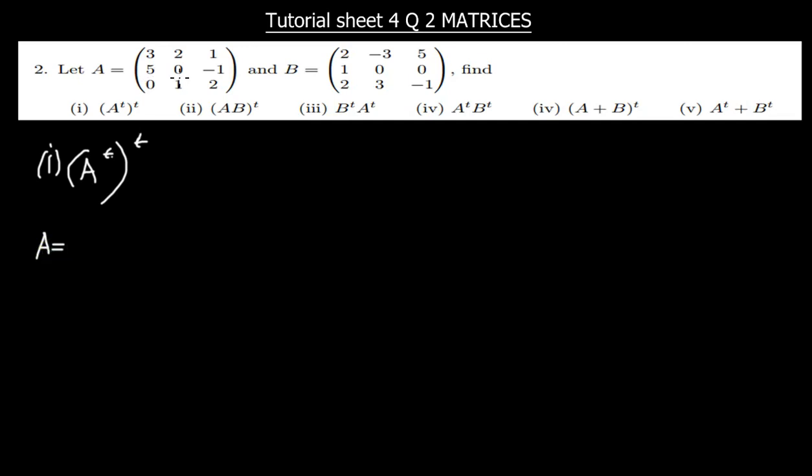For you to transpose a matrix, you just turn all the columns into rows and all the rows into columns. So let me copy A here.